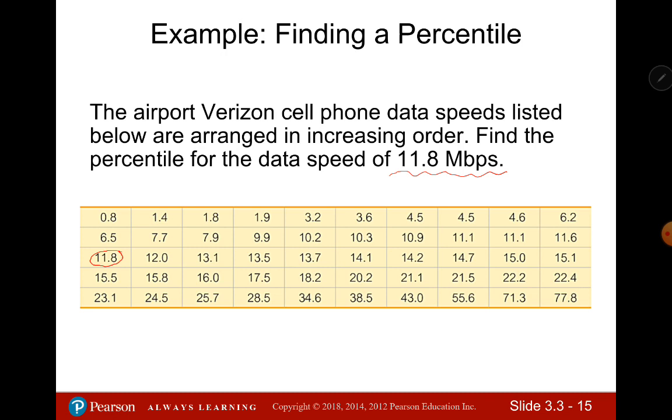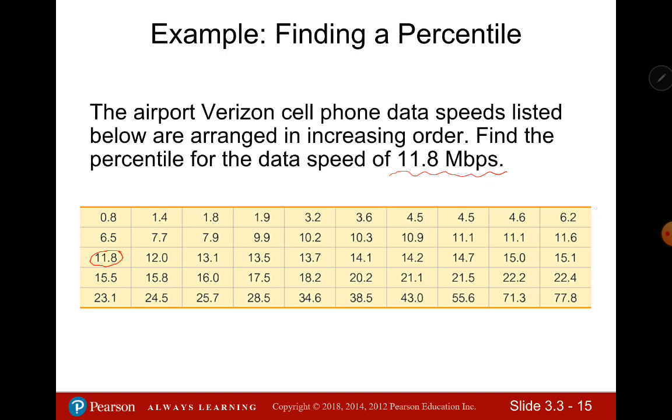Then from the definition, how can we get the percentile? We only need to count how many values are smaller than this x value, 11.8. From this table, we can easily find the first 2 rows are smaller than 11.8. So we have 20 values smaller than 11.8. And we should divide it by how many values we have in all.